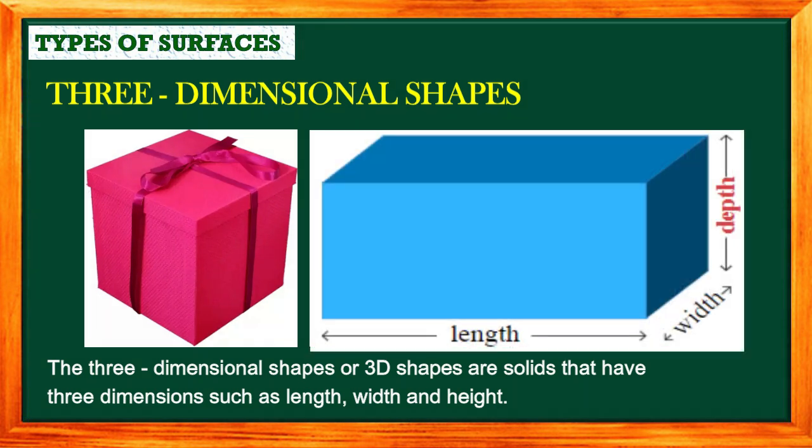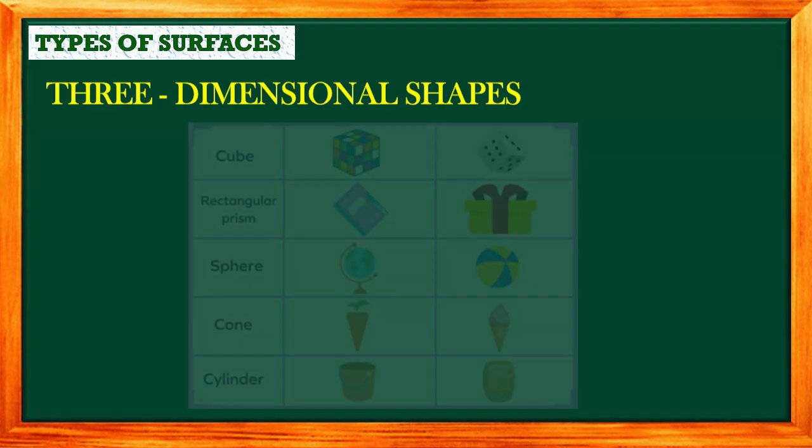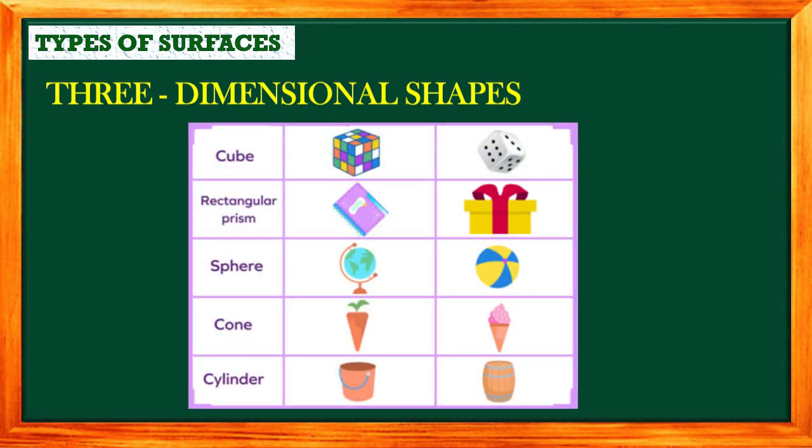Three-dimensional is also written as 3D, and hence these figures are commonly called 3D shapes too. All three-dimensional figures occupy space, which is measured in terms of volume. The following are real-life examples of three-dimensional shapes.